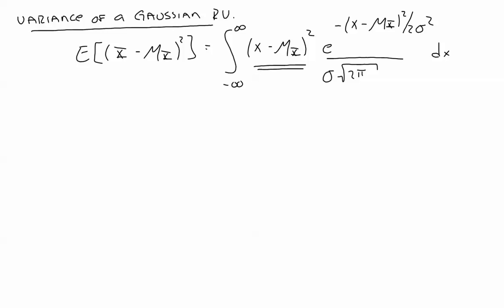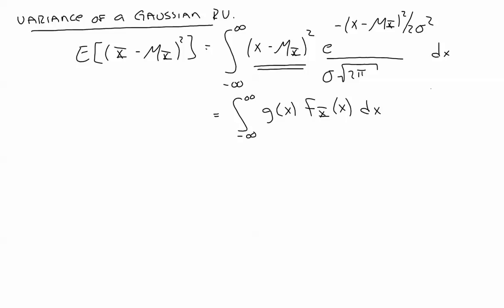I find the mean of a function of a random variable by integrating over all possible values the product of the function times the probability density function. My function in this particular case is (x minus mu of x) quantity squared.